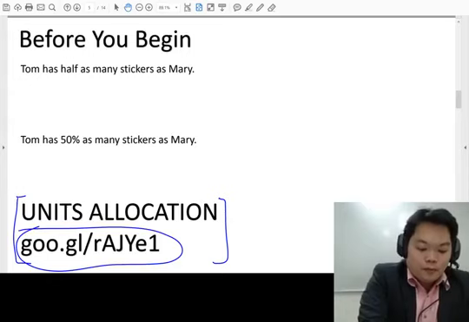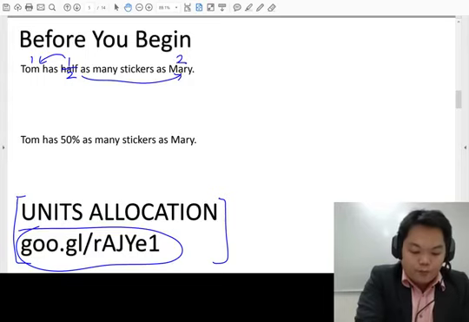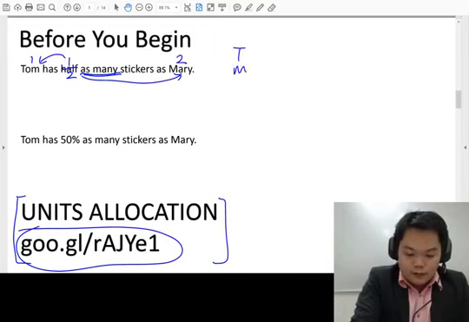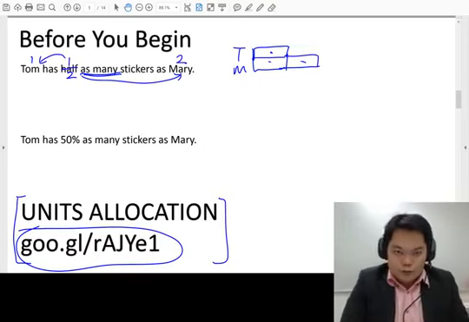So when Tom has half as many stickers as Mary, we want to allocate the units like so, taking note of the keyword. And then when we draw this out to visually represent it, we see that Tom would have 1 unit, Mary would have 2 units.